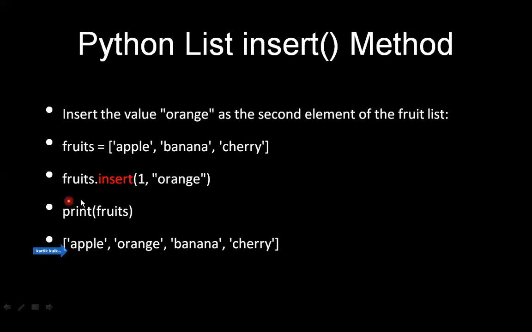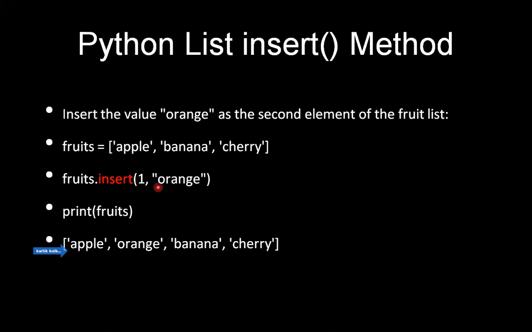Now you can notice how this insert method is specified. What is the syntax for specifying the insert method? Here fruits is the list name, and then I use the insert method. So list name dot method name, and the method name here is insert. The insert method has two important parameters.